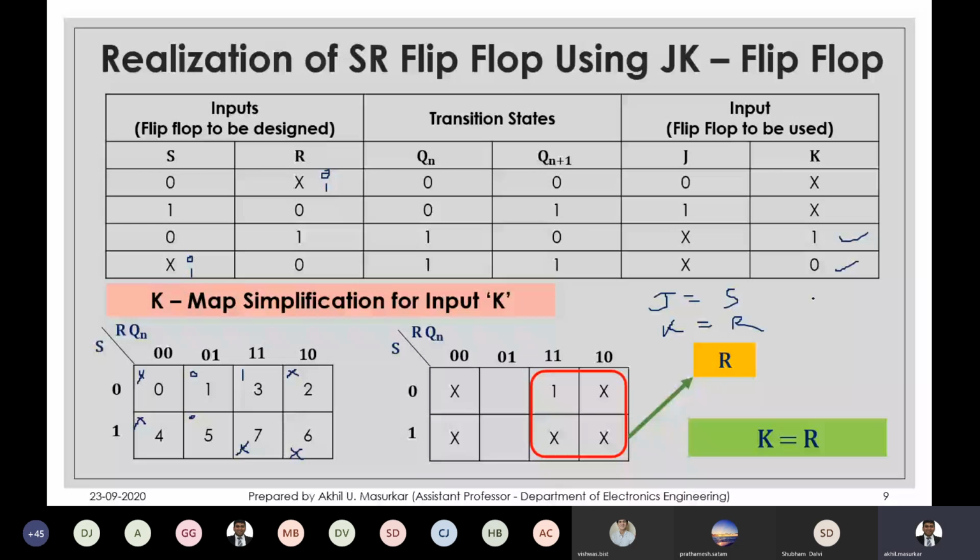So the implementation will be very simple for this flip flop. That is, it is going to be just JK flip flop you have to show, and at the input you will just write S and R. That's it. So if you are done with the K map, just write done in the chat box.